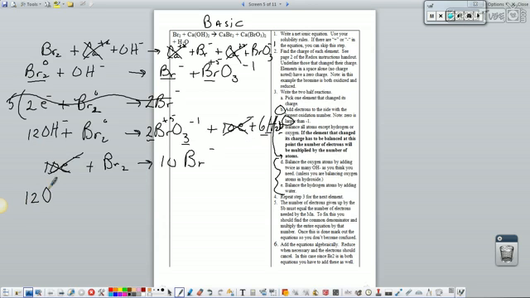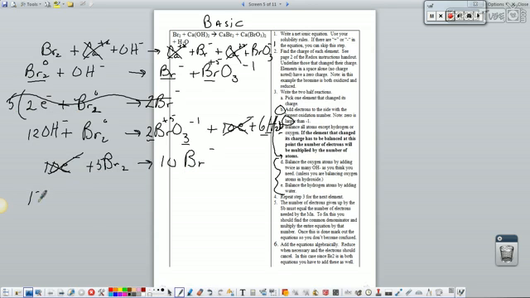So I'm going to have 12 OH minus plus Br. Whoops. Now, let's look at that. I should have 5 right there. I forgot to do that. So let's erase right here and go back. Here we've got 5 times 2 and 5 and 10.